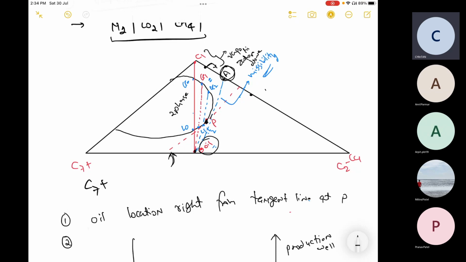You can understand, let's suppose initially you have an oil that belongs to this zone, which means it is in the single phase zone, only oil. But when you are injecting this C1, it changes: its gas composition is G1 and its liquid composition is L1, so it has a composition consisting of liquid plus gaseous composition as well.